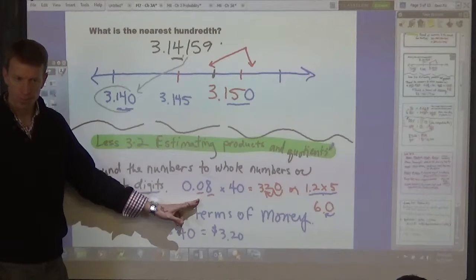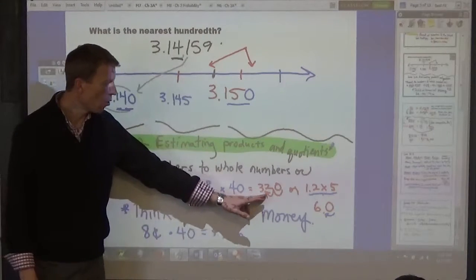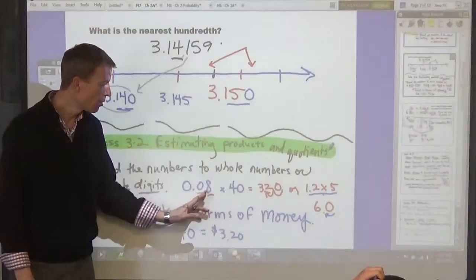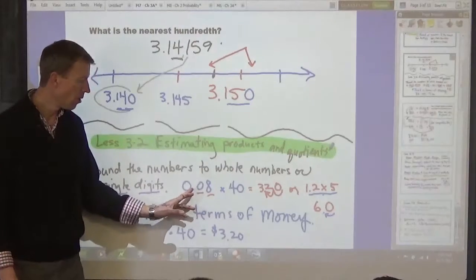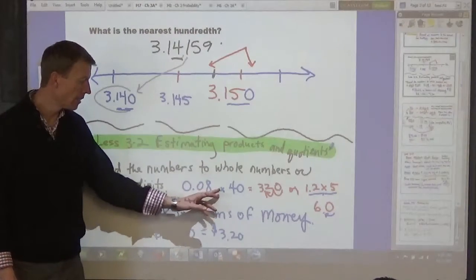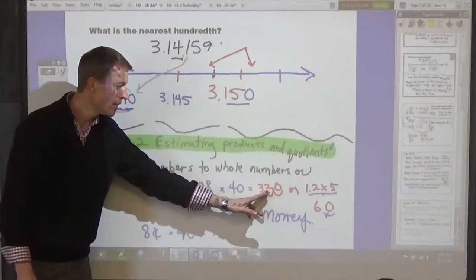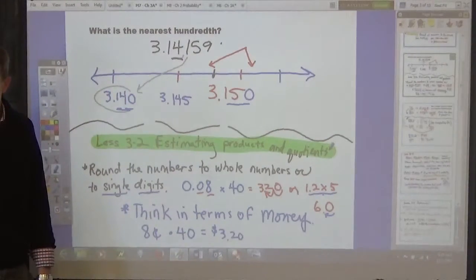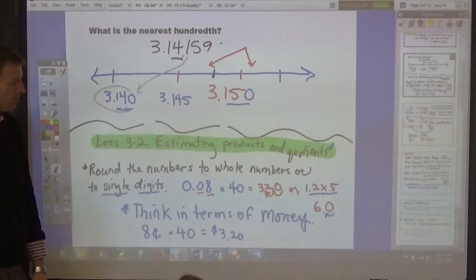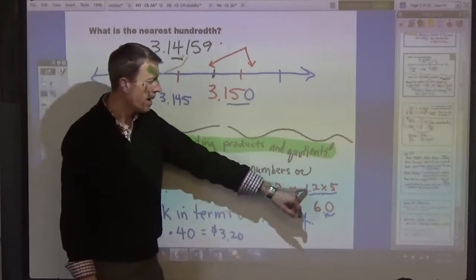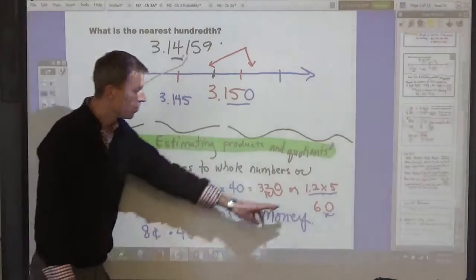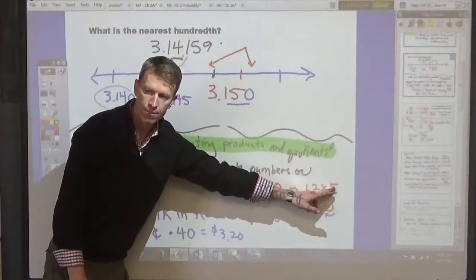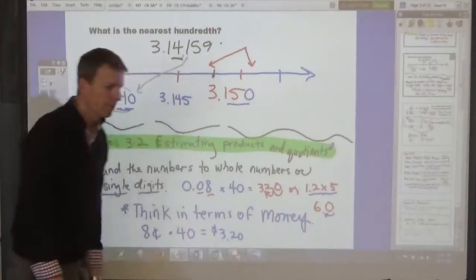Okay? So 8 times 40 would be 320, and then 0.8 times 40 would mean we put 2 decimal places in. So that'd be 3.2. Okay? Again, if we had, for example, 1.2 times 5, you can do 1 times 5 and just get 5.